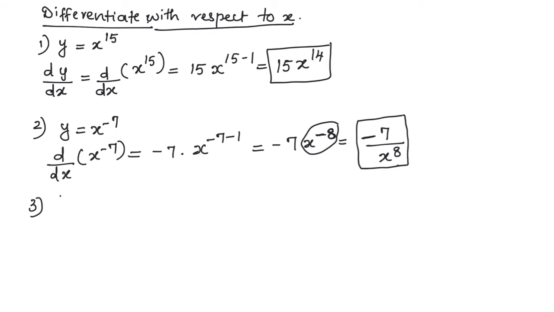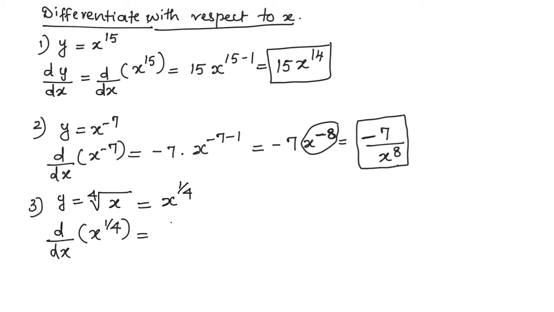Next question, y equals 4th root of x. We can rewrite the question as x power 1/4. Now we can differentiate x power 1/4 with respect to x and apply the power rule. Bring the exponent in front and subtract 1 from the exponent. So 1/4 minus 1. 1 we can write as 4 over 4, right?